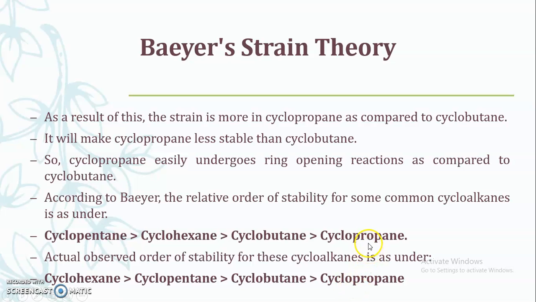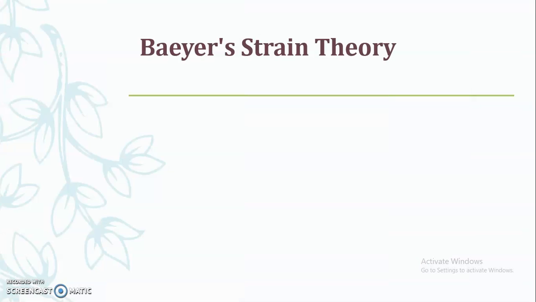So he was correct in explaining the stability of cyclopropane, cyclobutane as well as cyclopentane, but not cyclohexane. He proposed that cyclohexane or higher molecules like cycloheptane, octane, nonane, decane, as they have negative angle strain, do not exist. But all these molecules exist and a few of them are practically isolated. So in this regard, Baeyer was wrong.